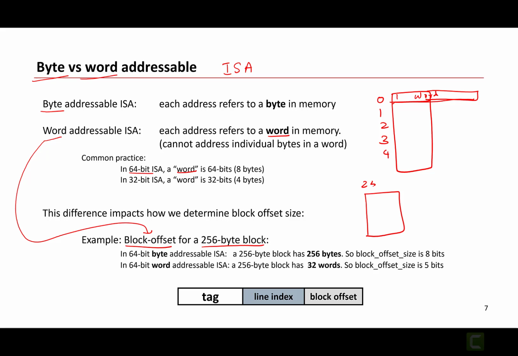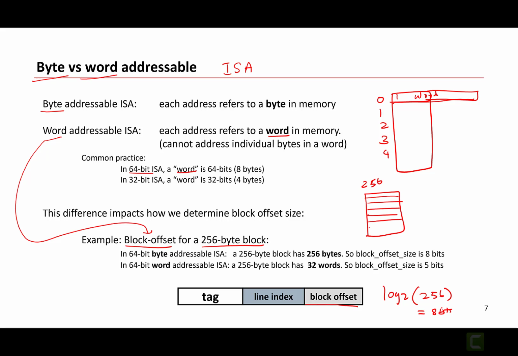Fine. Now to figure out what your block offset size should be, so far what we've been saying is just do a log to the base 2 of the block size that is given to you. So if it is a 256 byte block, you will figure out that, oh, it's 8 bits. Now that's a reasonable assumption to make, provided that each individual byte within your block is addressable.